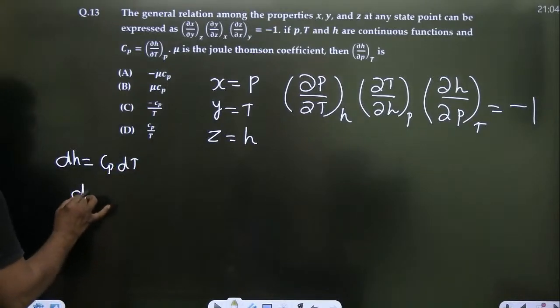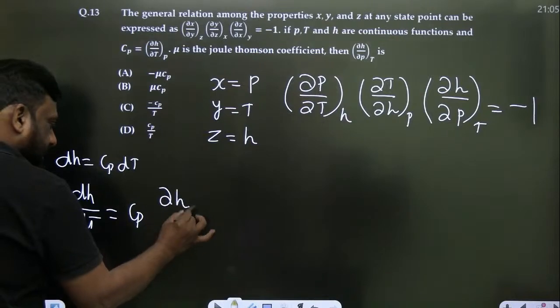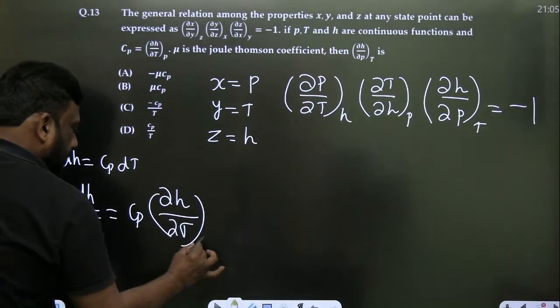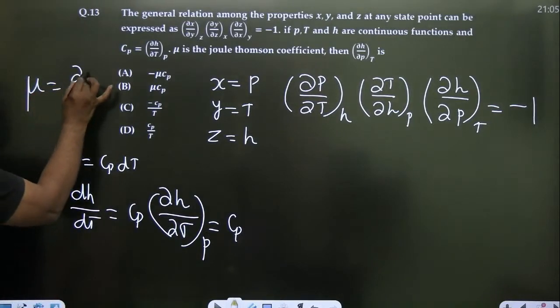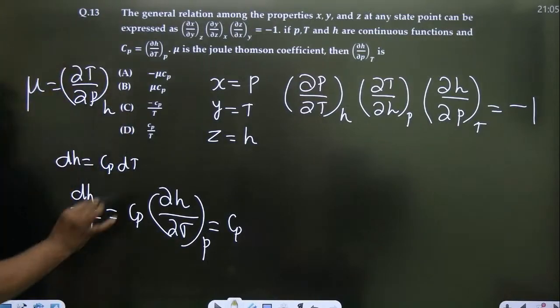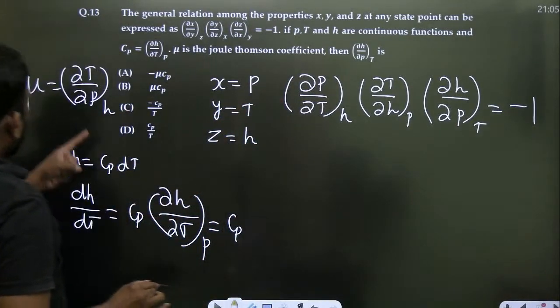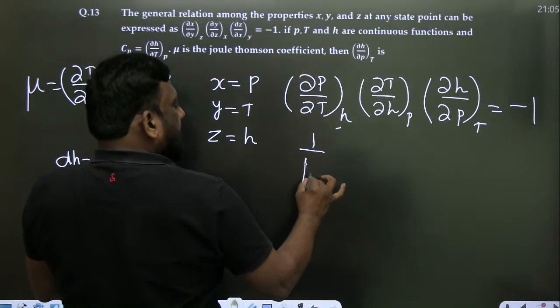You know my dear students, dH is equal to Cp dT. What is dH by dT? It is Cp, but at constant pressure. So I will write dou H by dou T at constant pressure is Cp. What is the Joule-Thomson quotient? The Joule-Thomson quotient is dou T by dou P at constant enthalpy. So what is dou P by dou T at constant enthalpy? Can I write this as 1 by Joule-Thomson quotient?